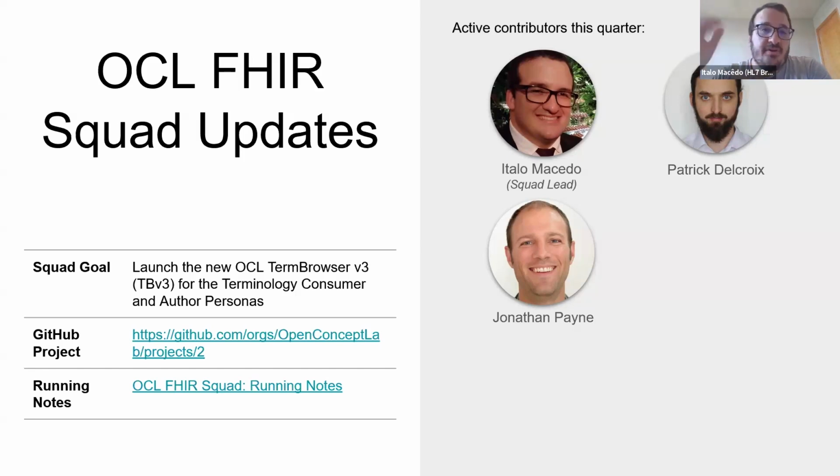And we're going to take a different approach for this terminology service. We're going to use OCL's API. We're not going to take the approach that we did before, which was to get the data from the database.